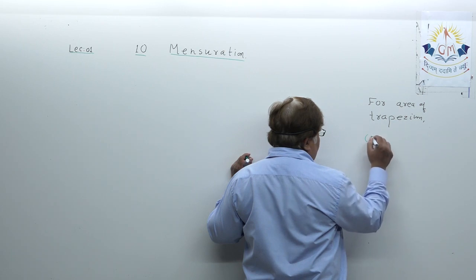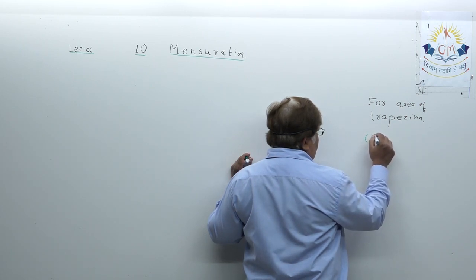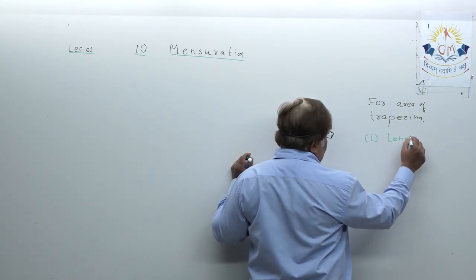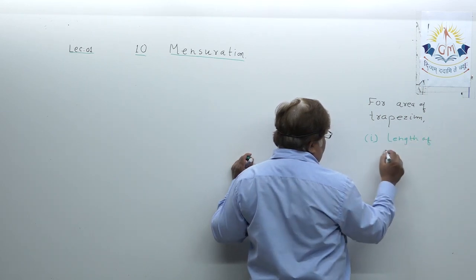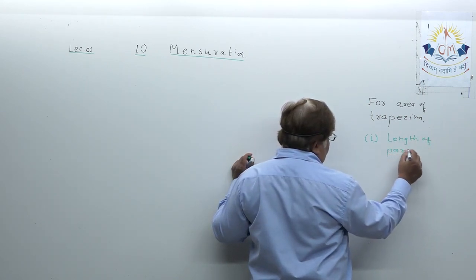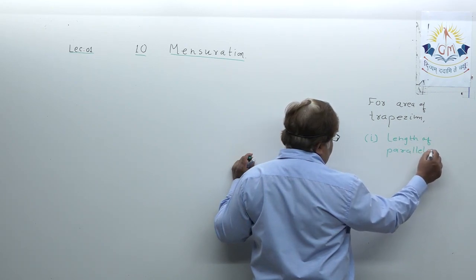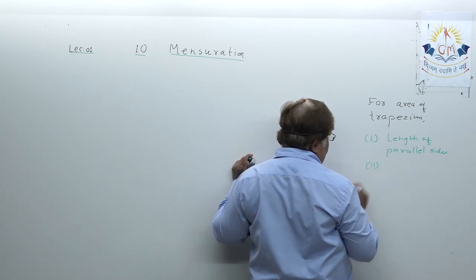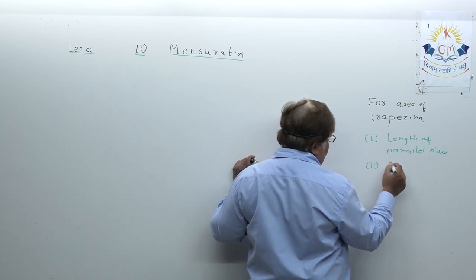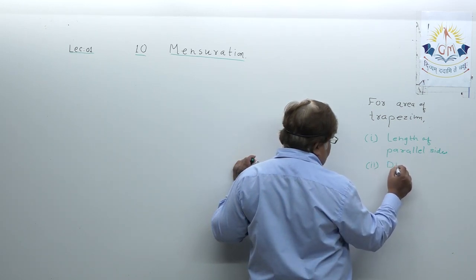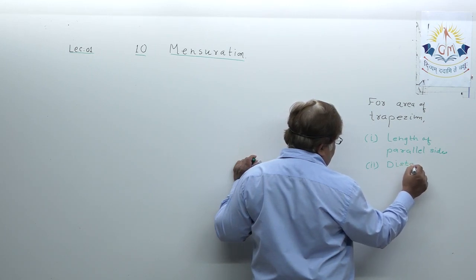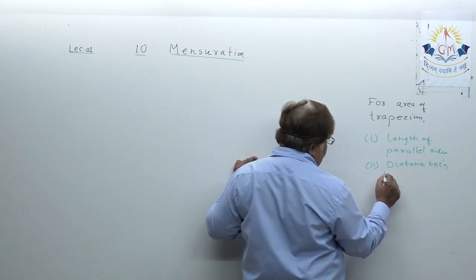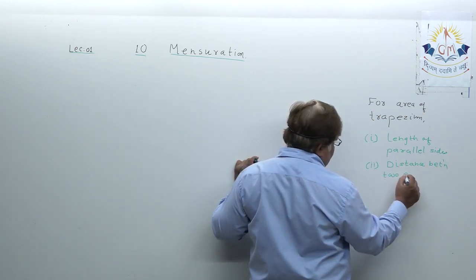To find the area of trapezium, one must have knowledge of length of parallel side, because whatever the sum may come difficult, you need to target these two basics: length of parallel side and, dear student, distance between two parallel side.